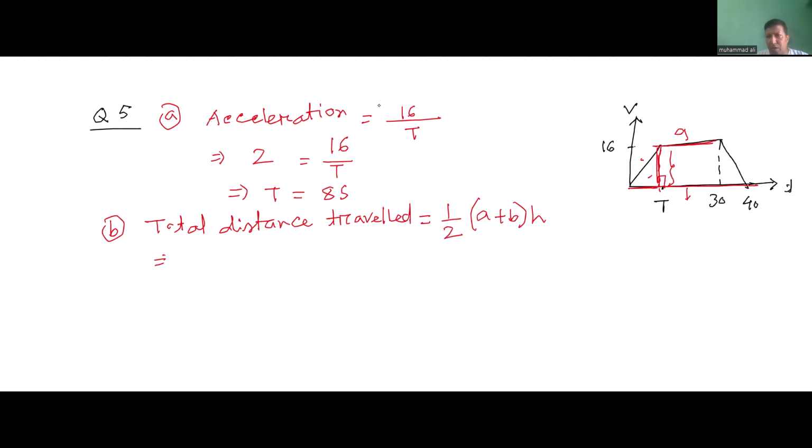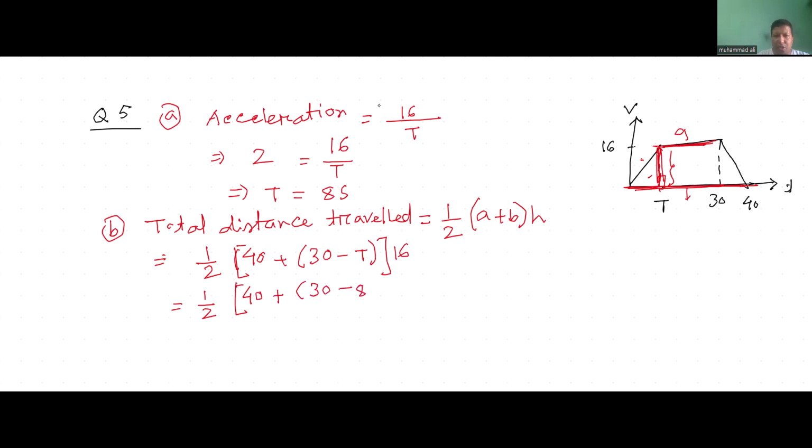So total distance traveled equals half. A is the whole thing, we can consider the 40, plus this part, this is 30 minus T. H is what? The vertical height is 16. After that, half times 40 plus 30 minus T, which is 8, here, and 16.